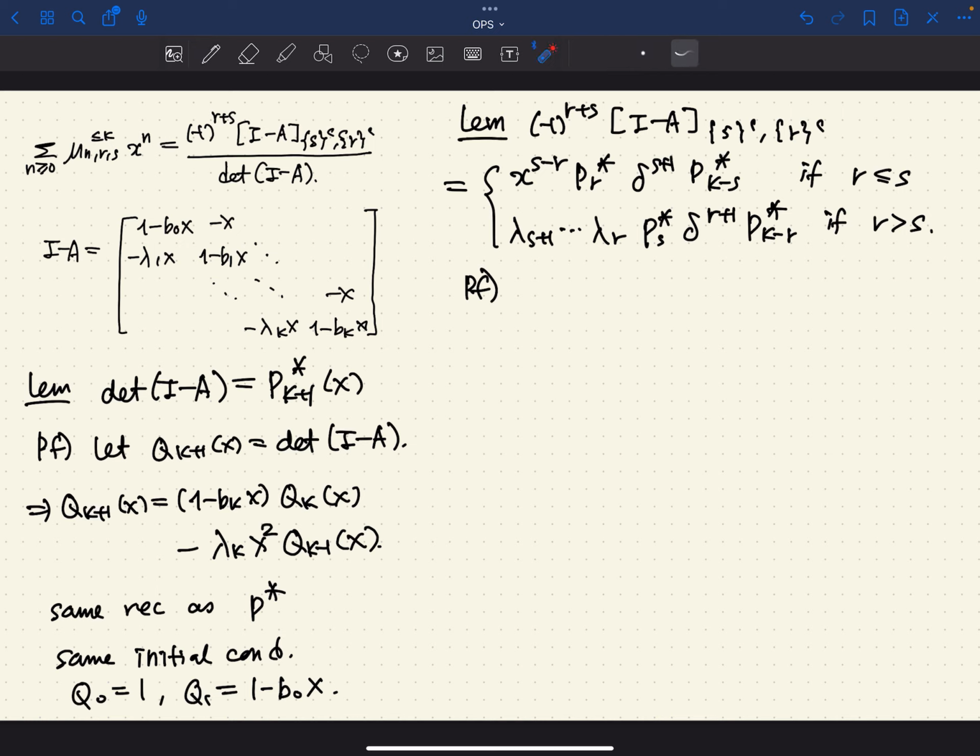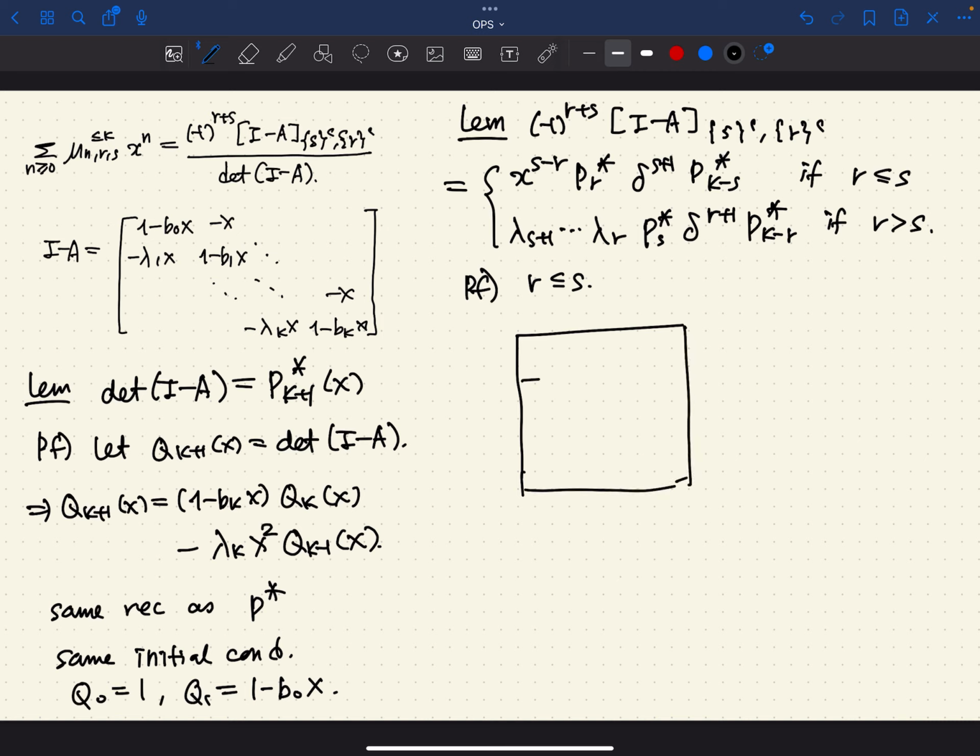It's really just considering this matrix with row S and column R removed. Let's consider the case R is less than or equal to S. Then the matrix that we want to compute is this.